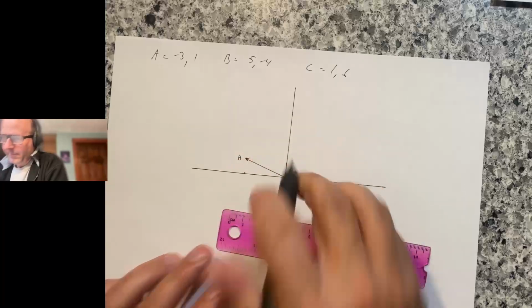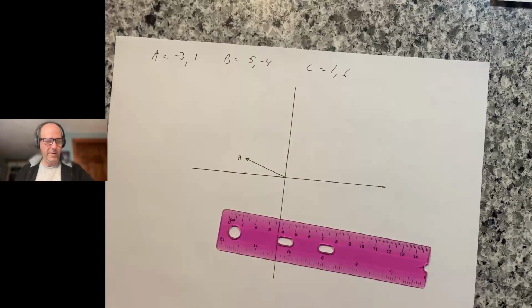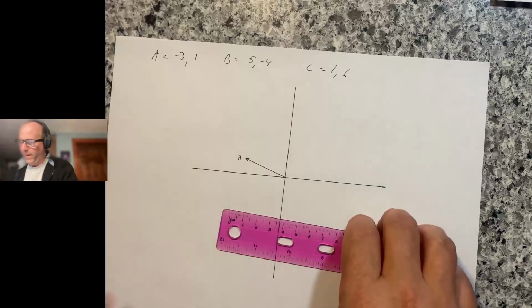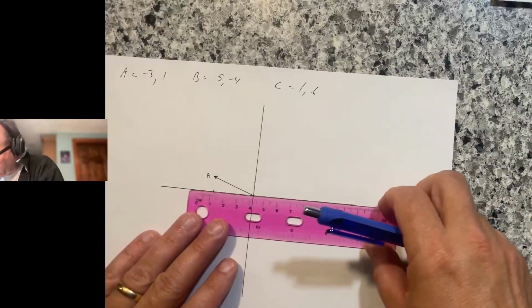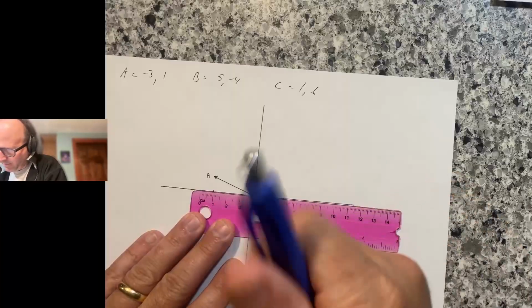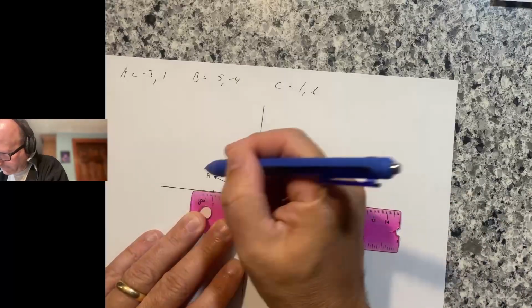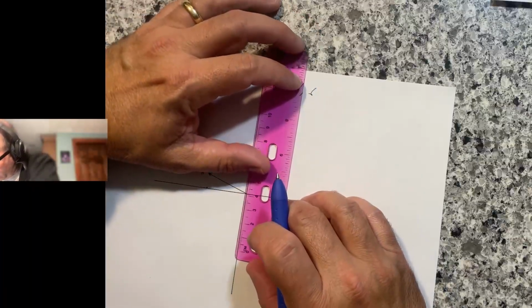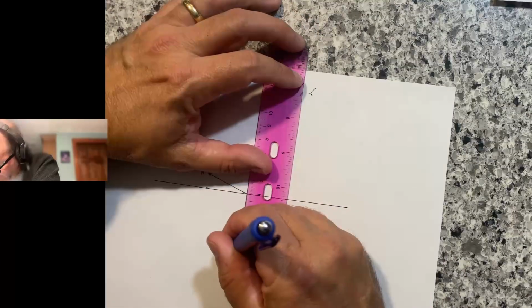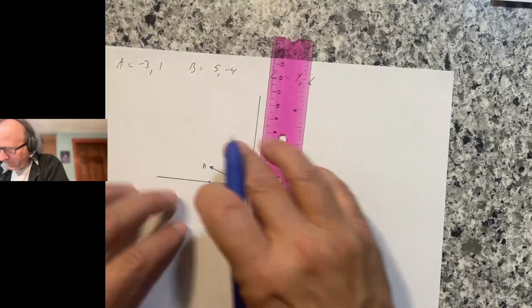There's A. Okay. Now, let me do B. B is 5, -4. So -4 is over here. It's actually, sorry, -4 is down. Sorry about that. So -4 is down this way. So that's my -4.